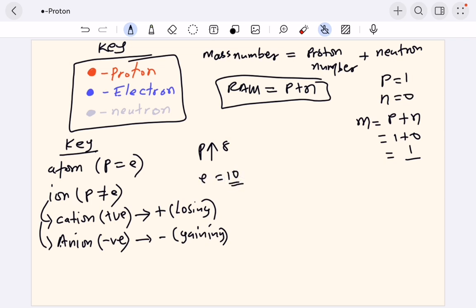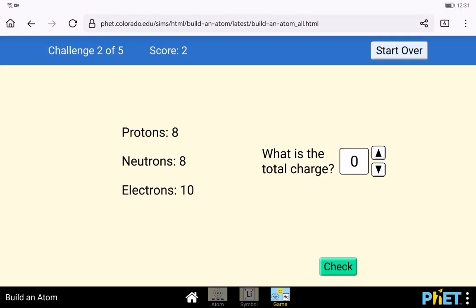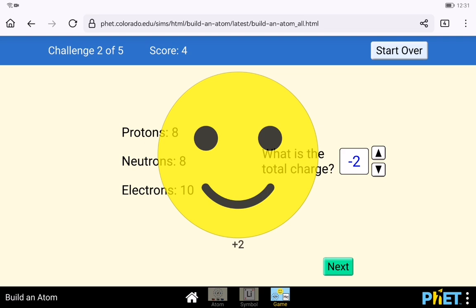When there's an increase, it means that there's a gain, and a gain is represented by a negative charge. The gain here is by 2, so we say negative 2. It gained 2 from the initial electrons, which was 8. The answer is correct.